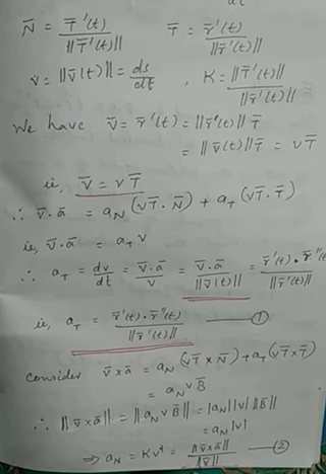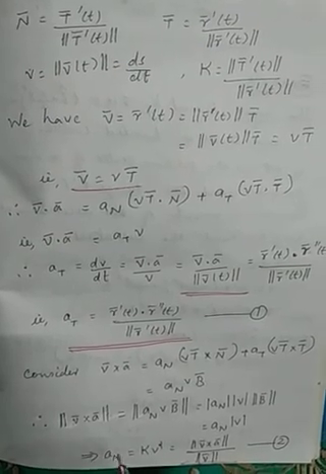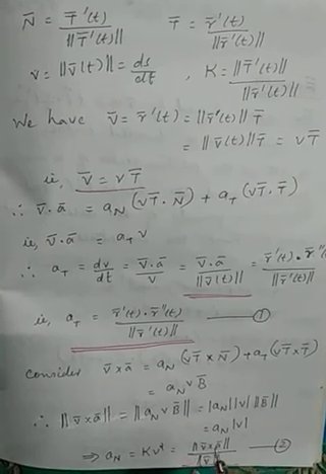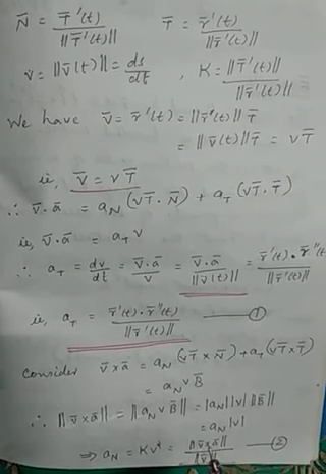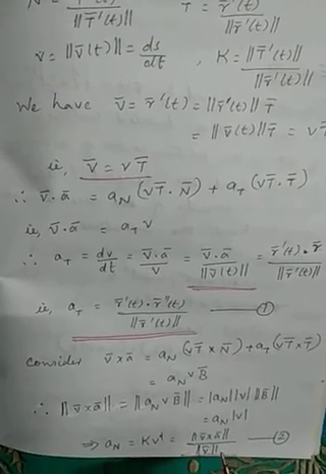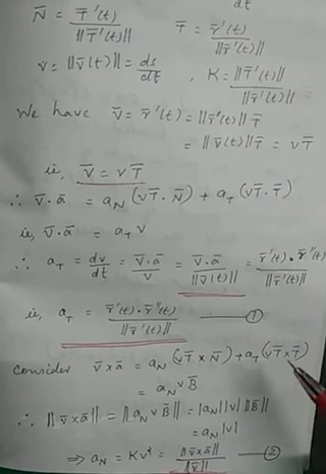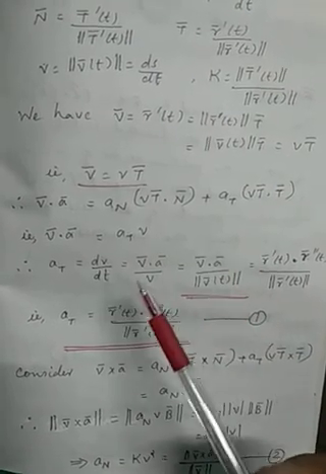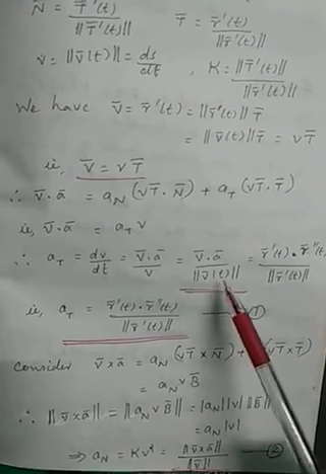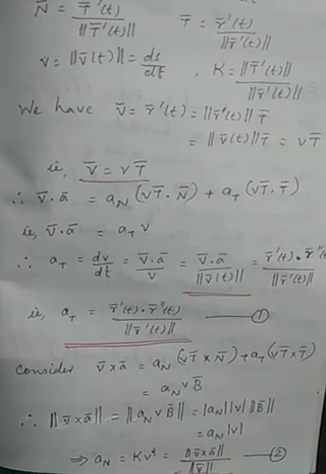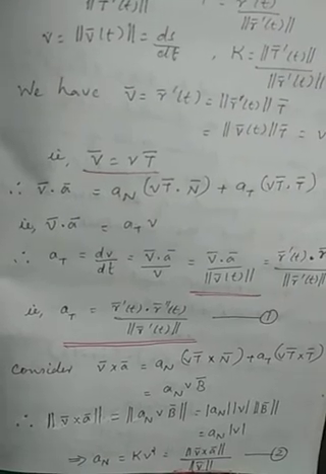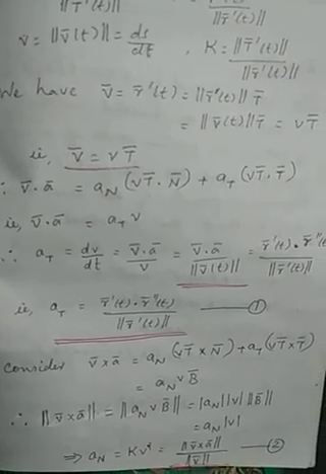So An, the normal component of acceleration, is given by the working formula norm of V cross A divided by norm of V. So you can compare the two formulas. The tangential component At is given by V dot A divided by norm of V. Similarly, the normal component An is given by norm of V cross A by norm of V.